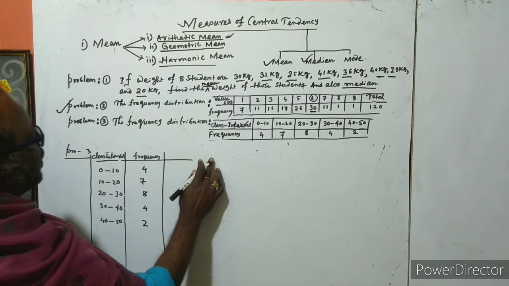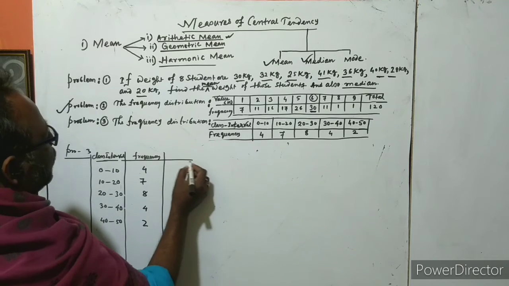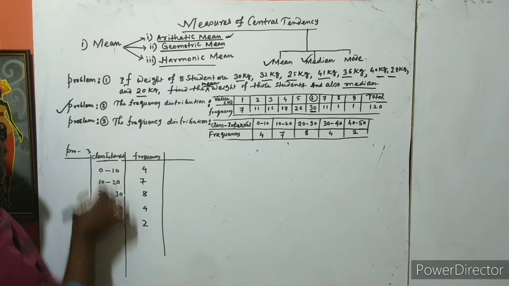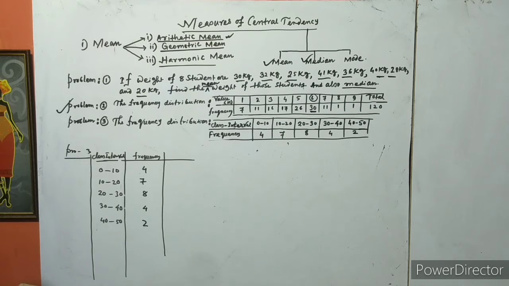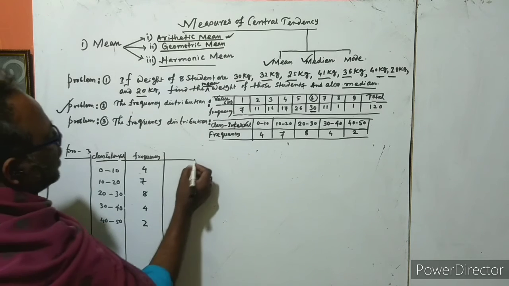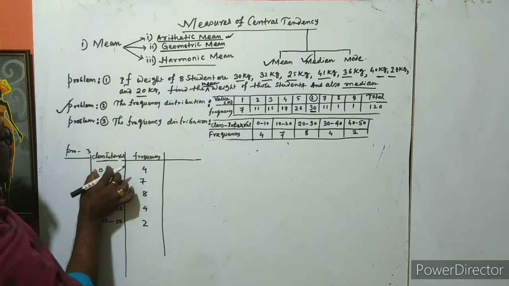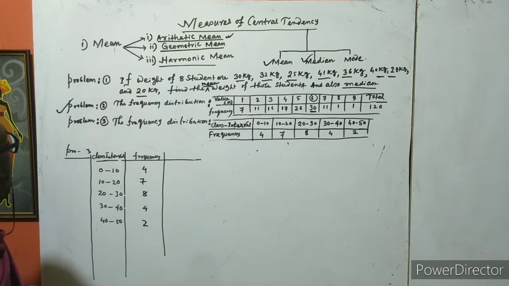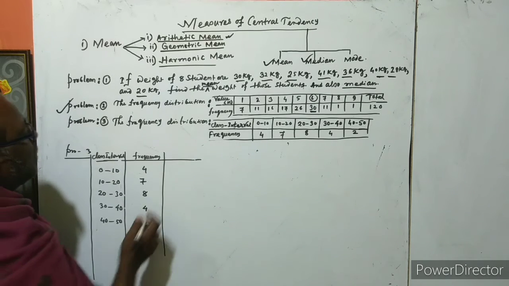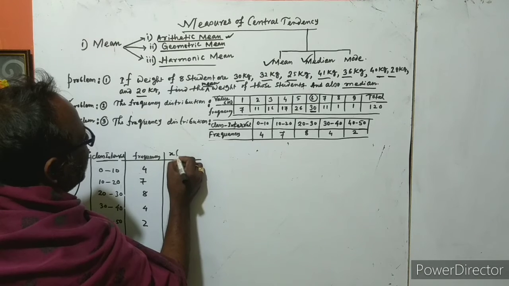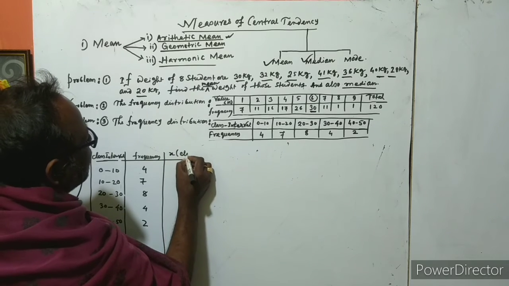and for finding the mean, we always need a class mark from this column, and class mark is the average of the upper limit and lower limit. This is class mark. x is called class mark.